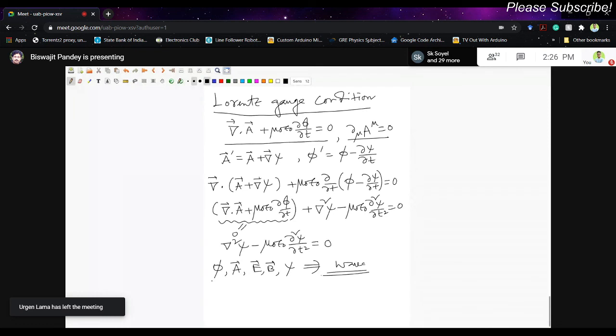And I think our next goal will be using this gauge, we have to solve the Maxwell's equations, right? So finding the solutions of Maxwell's equation is our next goal. And I should tell you that it's not a very trivial task, because in a given arbitrary scenario where charge density and current density can vary arbitrarily, it is not so easy.